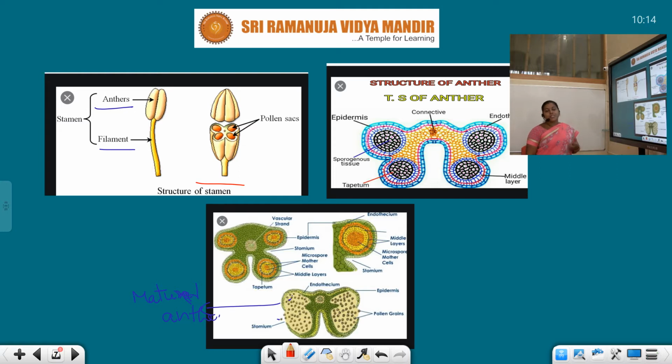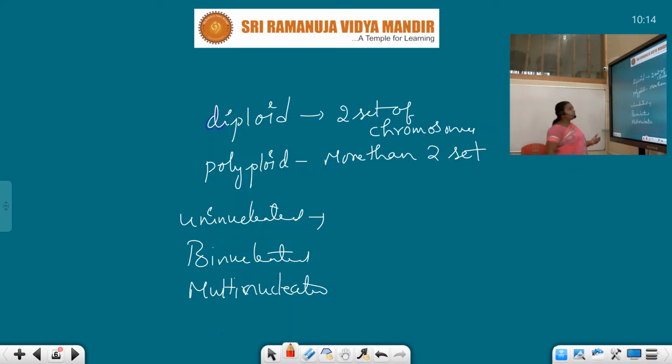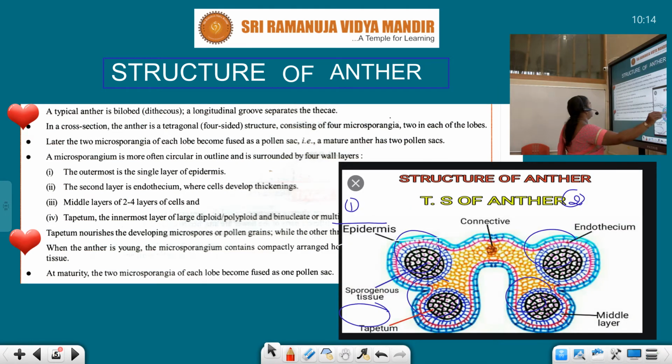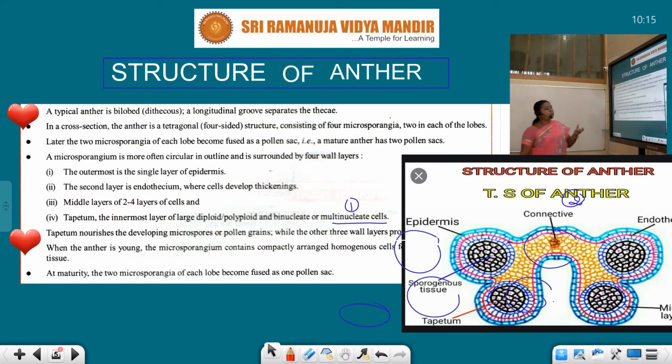Out of all 4, the first 3 offer protection to the anther. And let us talk about the tapetum. Here tapetum is the innermost layer. It has cells of diploid or polyploid condition, having binucleated and multinucleated cells.